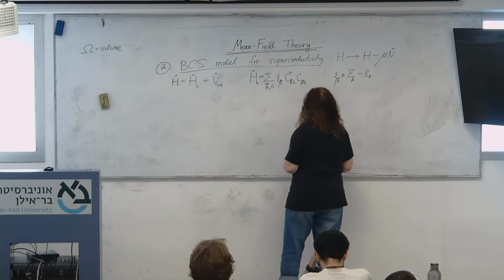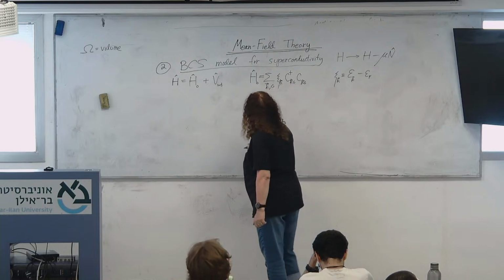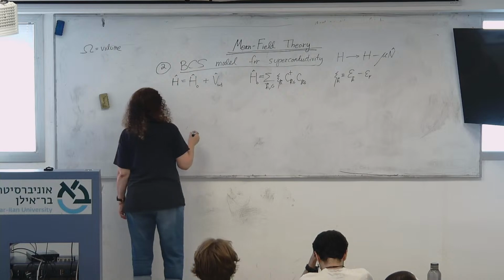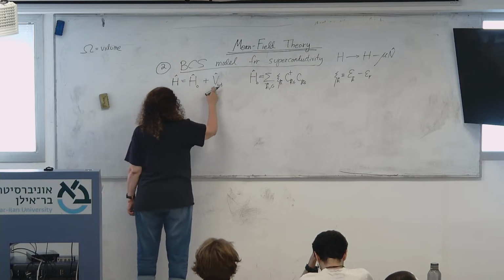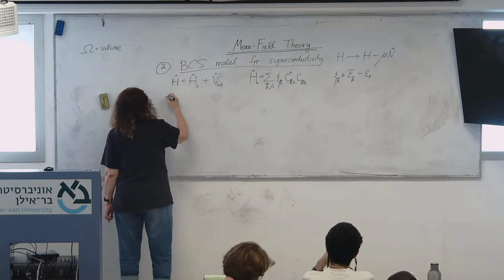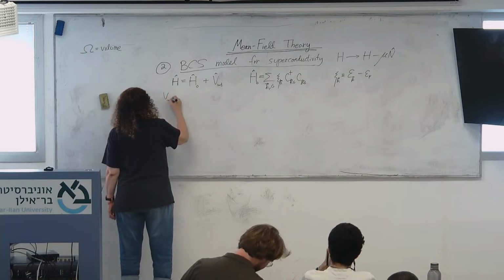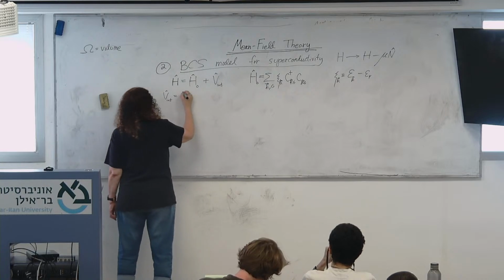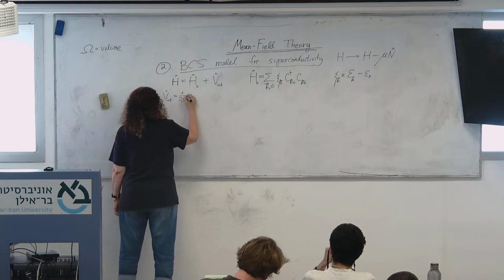Okay, so that's the model, first of all. And now the interaction. So the interaction, I just first remind you the general form of interaction when we write it in the K basis. It has the following form.